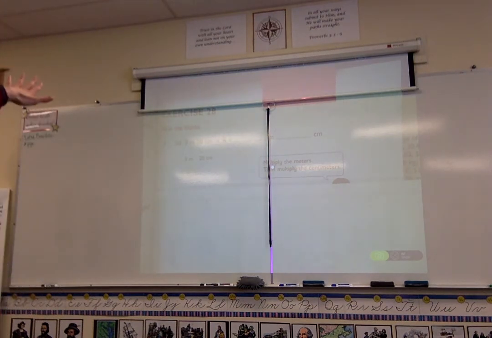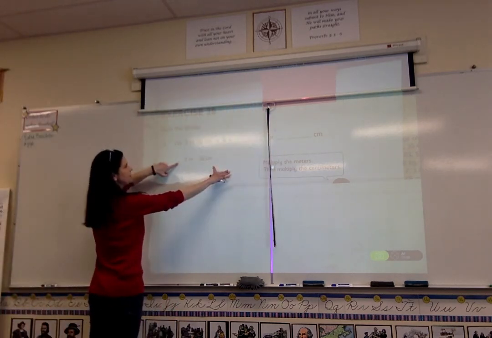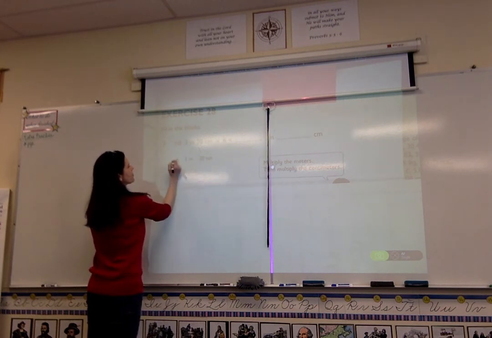All right, so here's what your workbook looks like on page 49. So it says, for A, 3 meters, 20 centimeters times 4. And you'll see they've started the branches down at the bottom for you. So what you're going to do is, here they've separated the units, and you're going to take each unit and multiply it by 4 and then merge it back together.